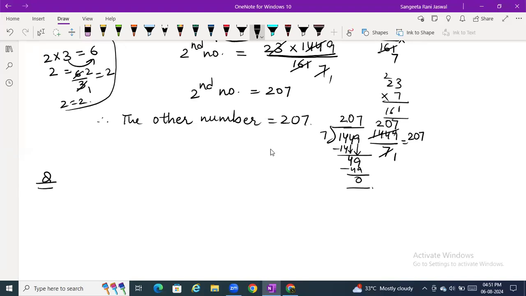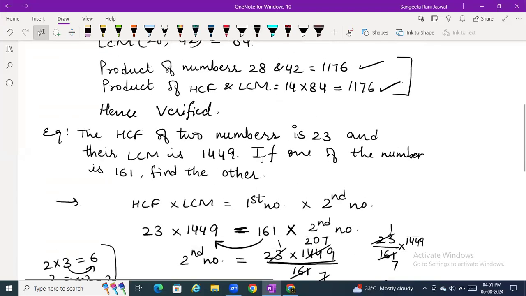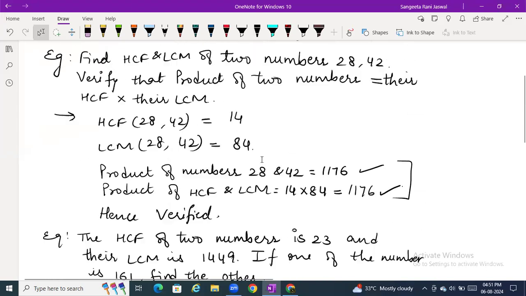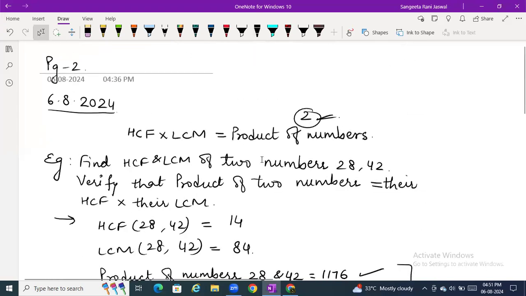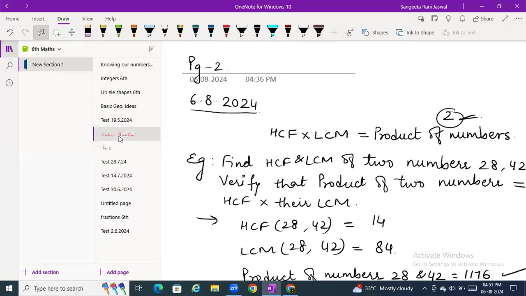Ma'am, I was absent in the previous class. Yes, beta, you were absent. So I have posted the previous work in the resource section. So you can go through it. I'll just show you here what was done in the previous class.